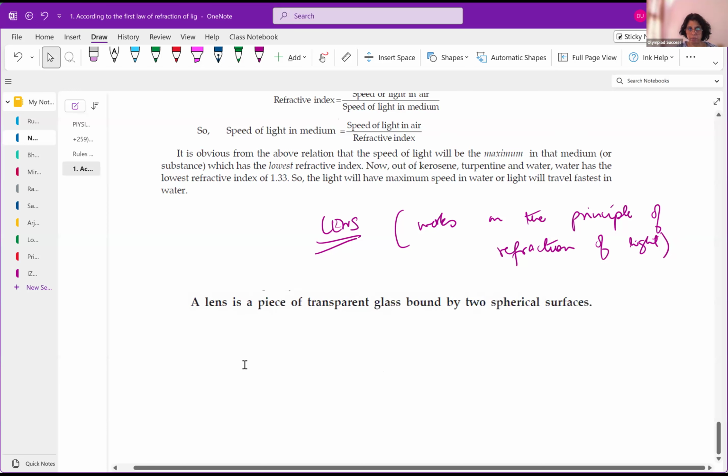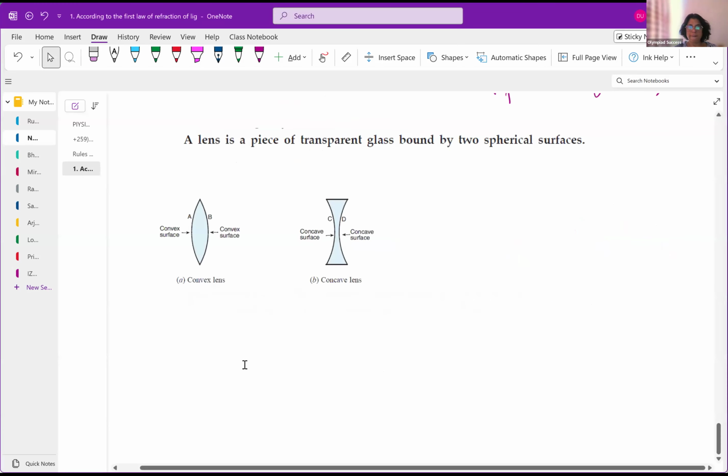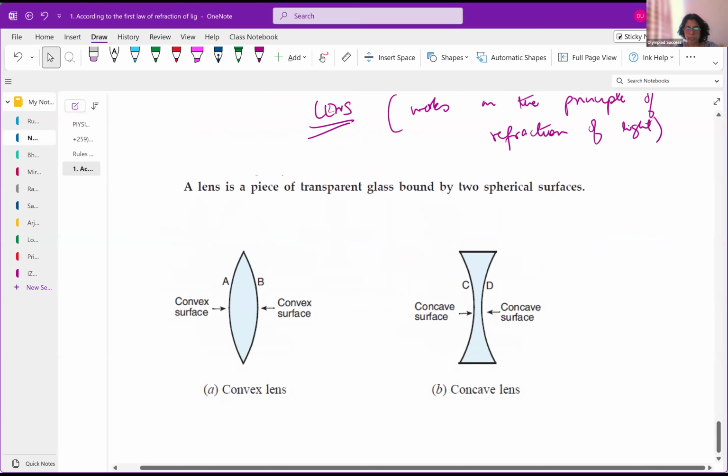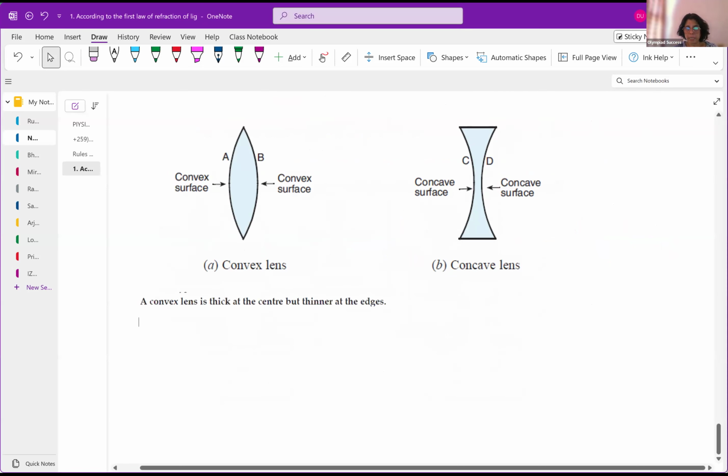Just like we had spherical mirrors, we have convex lens and concave lens. A convex lens is thick at the center and thinner at the edges, and a concave lens is thin in the middle and thicker at the edges.